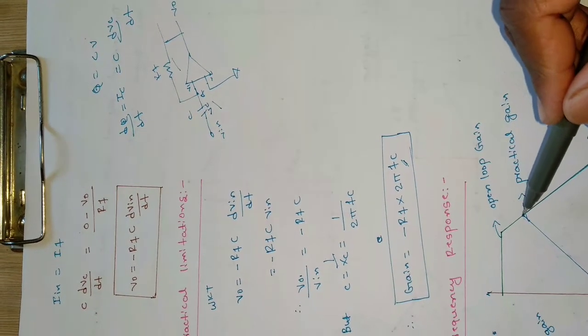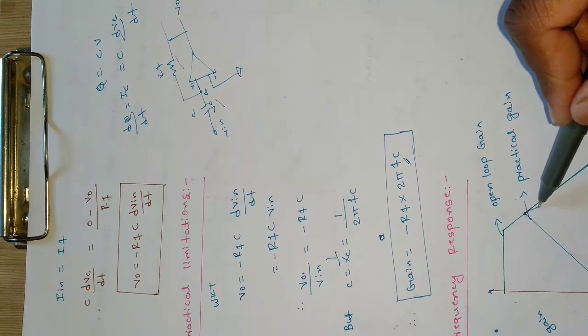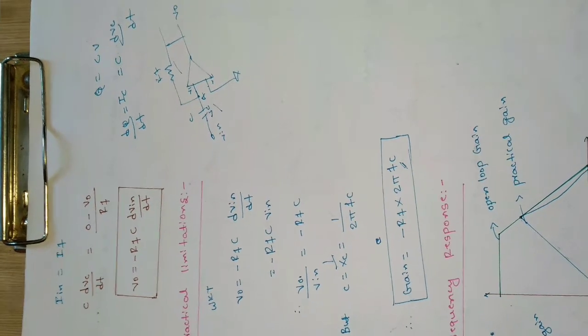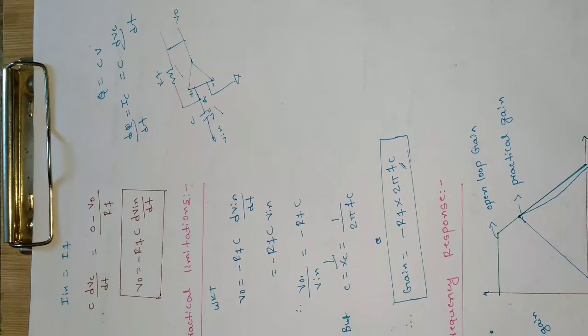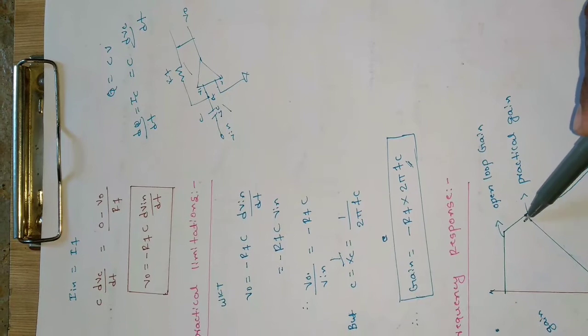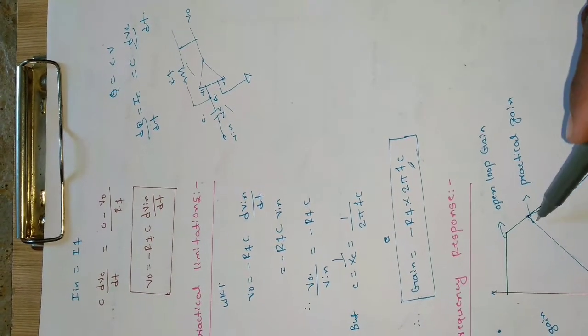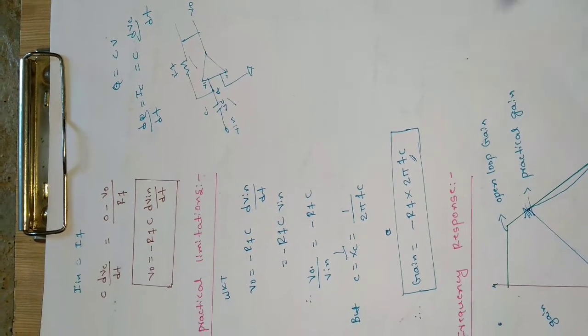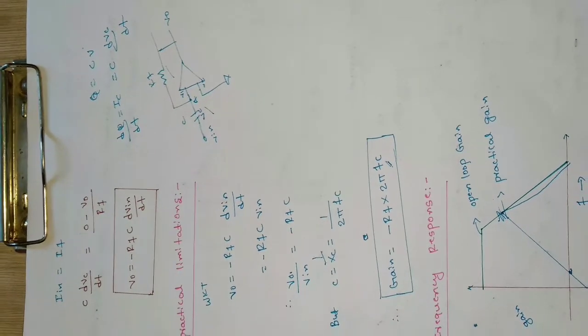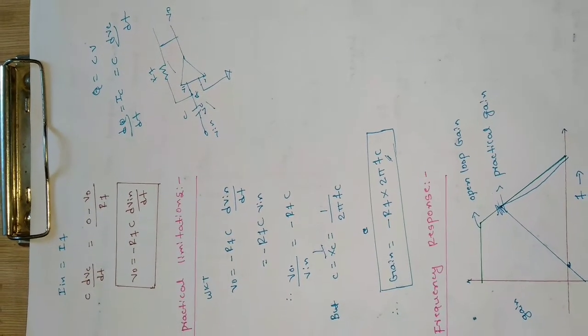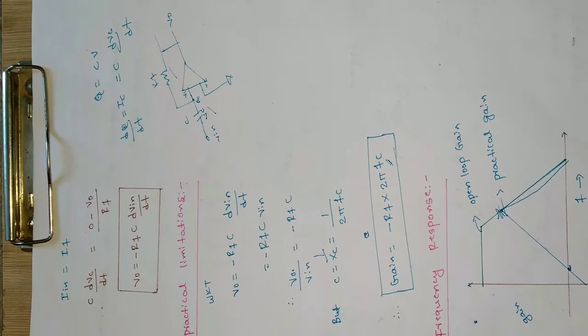From there it will follow the same path and come to 0 again. So the frequencies above this level will be neglected in the case of this differentiator. That's a practical limitation, so we need to overcome it.